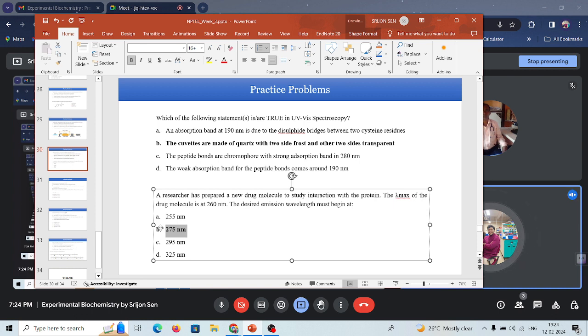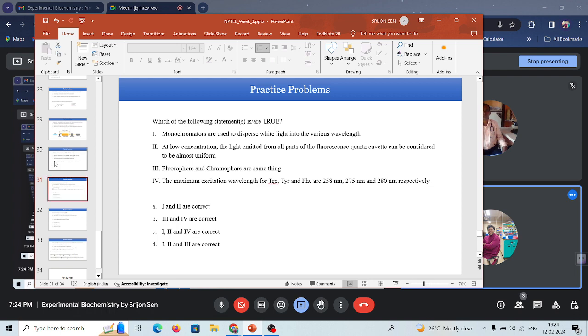Hence the fluorescence wavelength is in a higher range than the excitation wavelength. E is inversely proportional to lambda. Much higher wavelength should be avoided, since it is the emission maximum, so it has to be higher but between 10 to 15 nanometers. So 275 nanometer is the correct option.